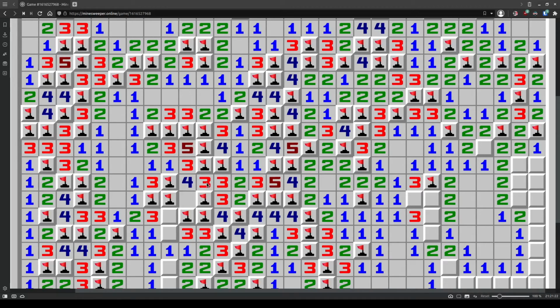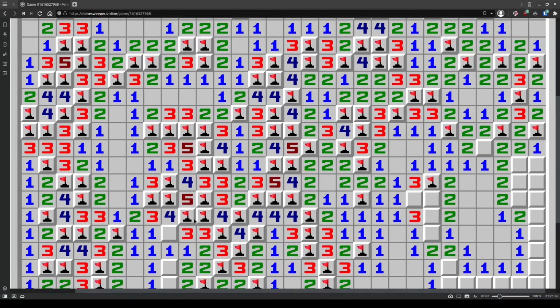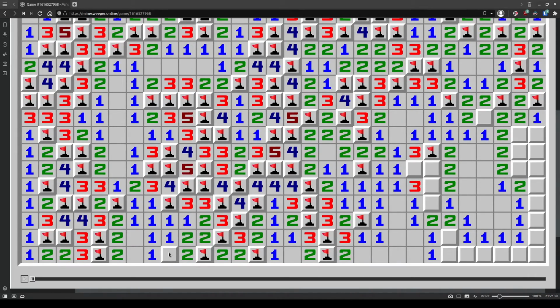Now, as you can see, the reduction and merging stuff don't really matter as much in the more advanced games, because in the end, we're just doing the combination stuff. We're just thinking about what cells have what mines, right?